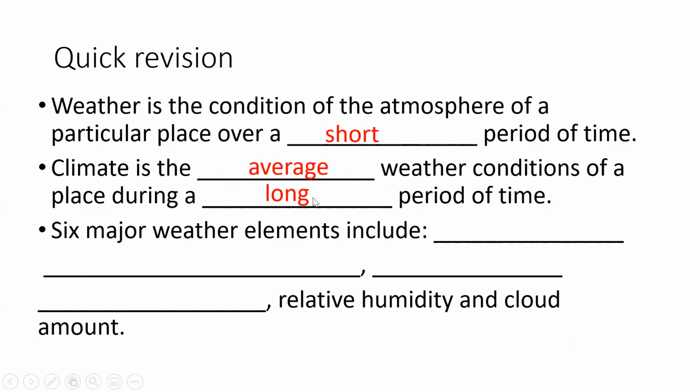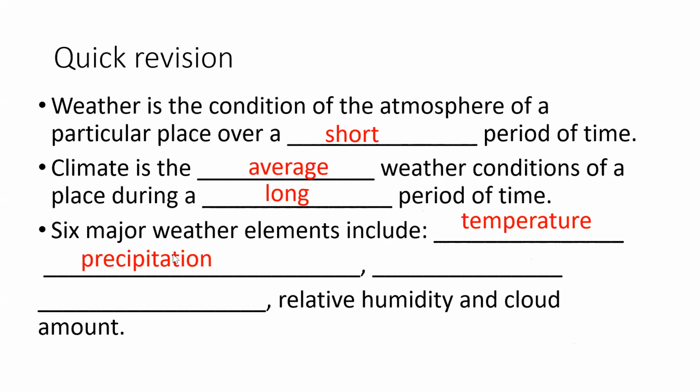So 6 major weather elements include, please answer the question. Can you tell me? Safal, can you tell me? Yeah, rain. Good. First of all, rain, temperature, fog. Fog is precipitation. Fog and rain is precipitation.